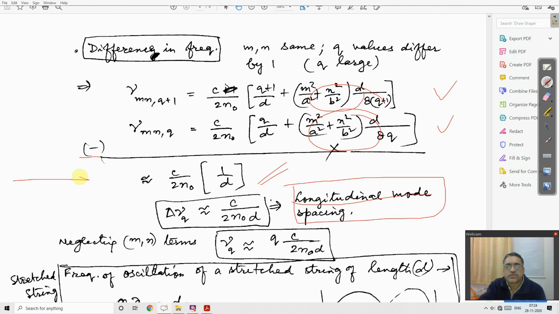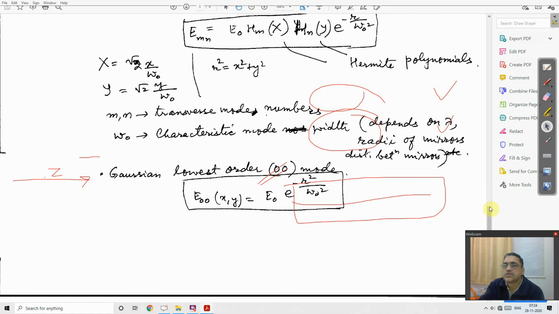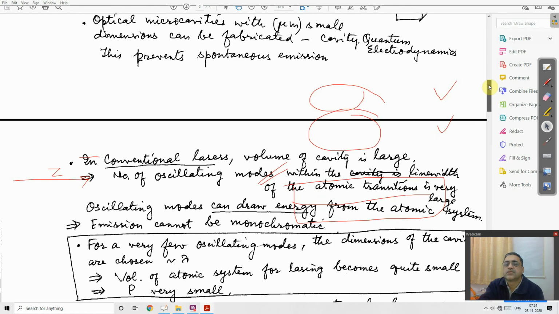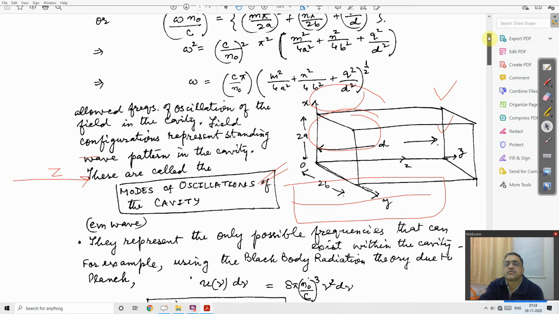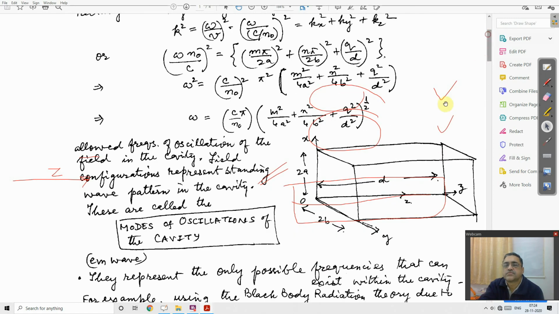Longitudinal means here along the z direction. So we see it depends on the longitudinal dimension. You see here d.